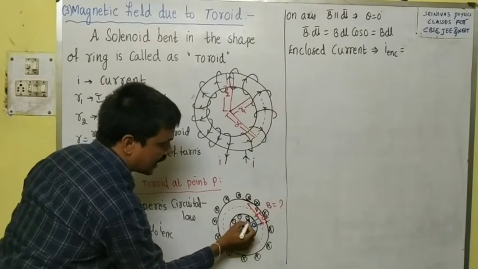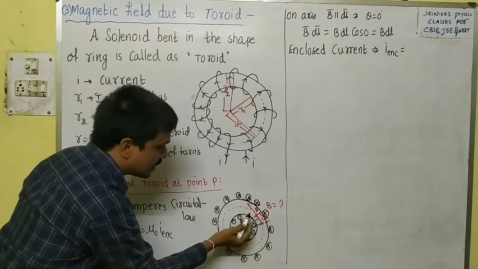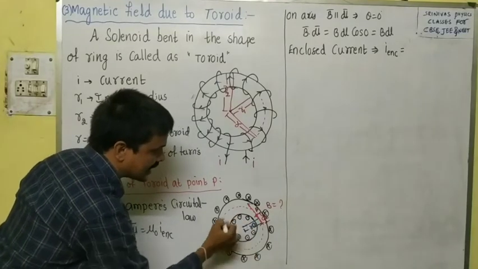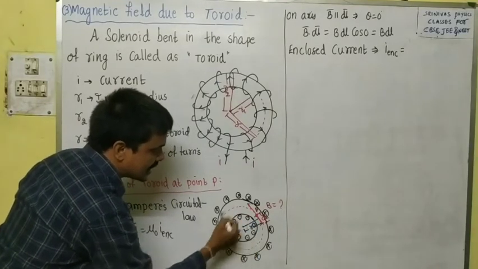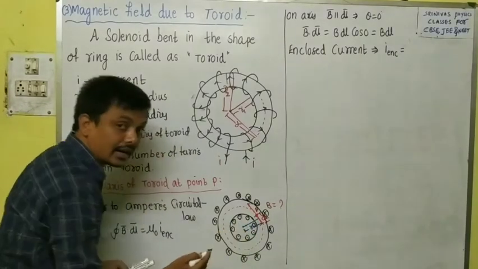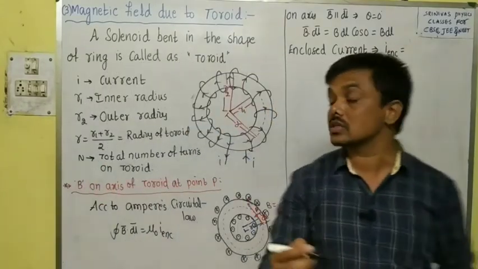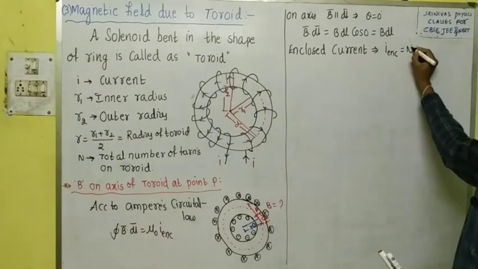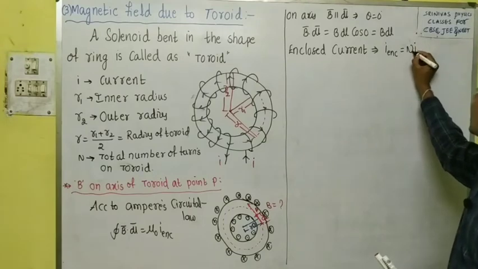In each dot, current I is leaving. Inside the red circle, which is the closed loop, there are N turns. In each turn current I flows. Then the total current inside the red circle is NI.